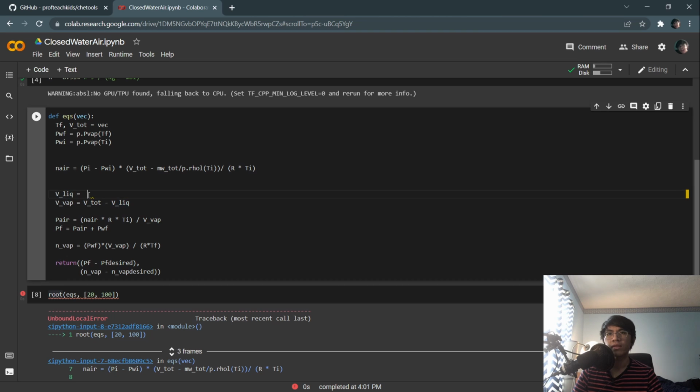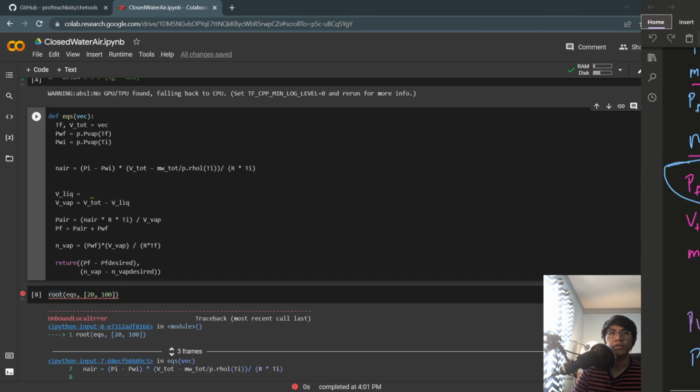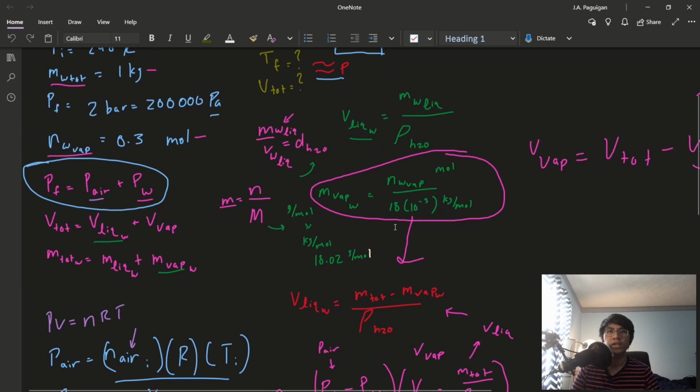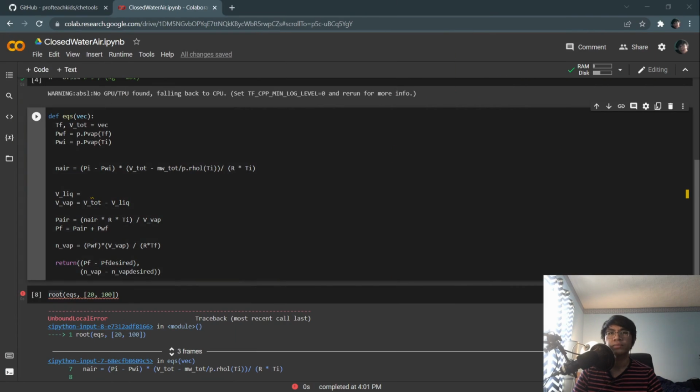Now, the volume of liquid is what we want, and going back to our OneNote, we can change that by putting this equation in. The volume of liquid is mass total minus mass of the vapor. Let's switch back.